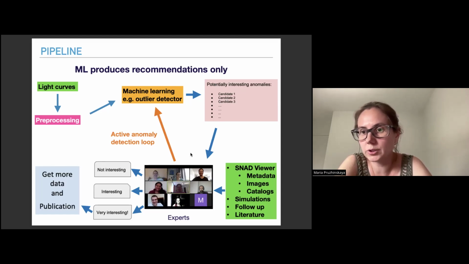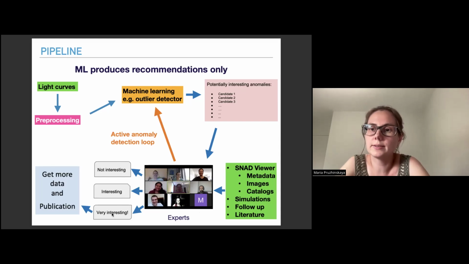We need experts who will look at this list. Of course, it's impossible to scrutinize them all, otherwise why would we need machine learning, but experts could scrutinize, let's say, a reasonable amount of the candidates, using additional information like cross-match with different catalogs, images, simulation, follow-up, whatever is known for each particular object, and make a decision if it is not interesting, or very interesting.